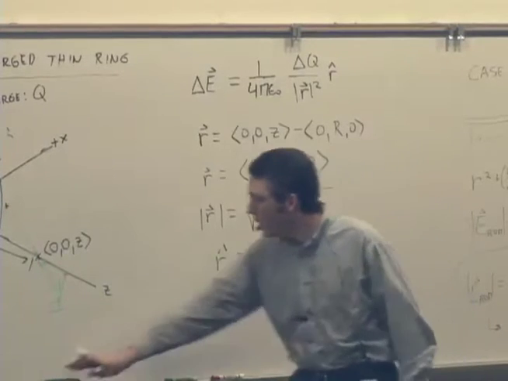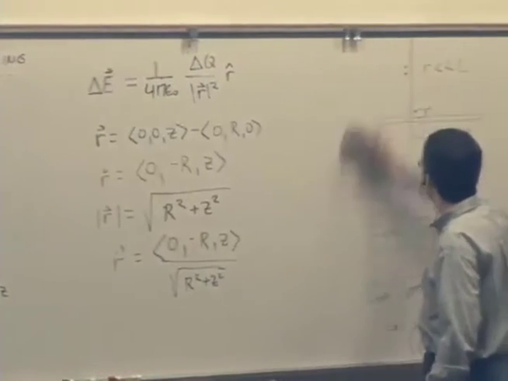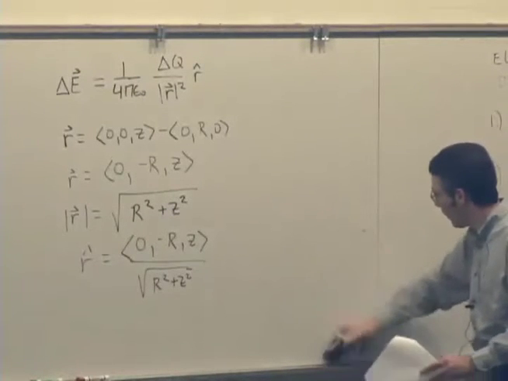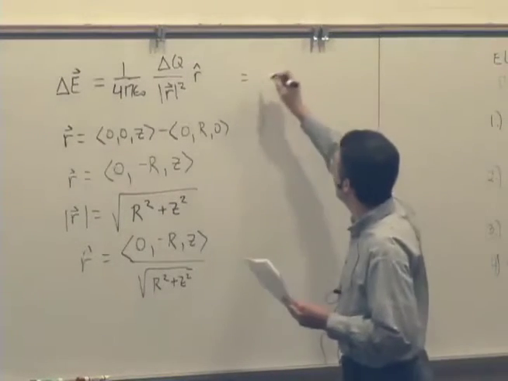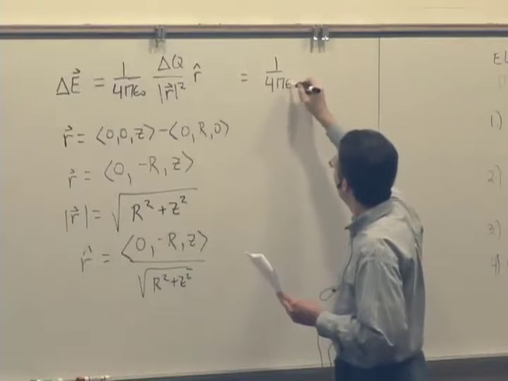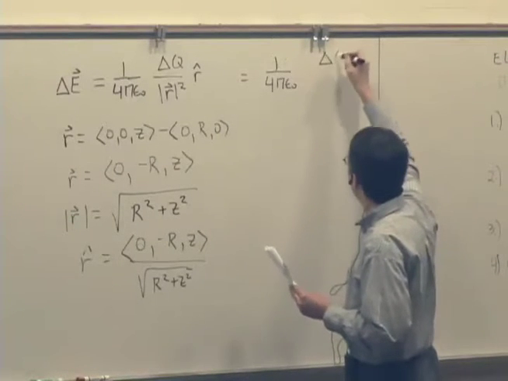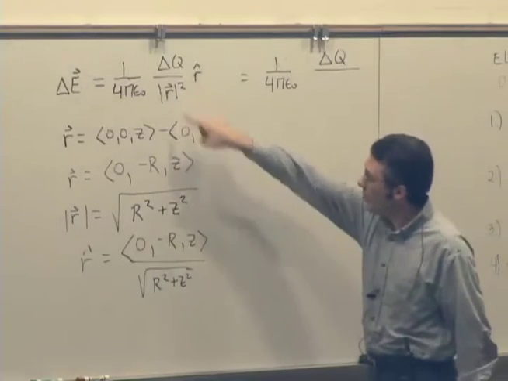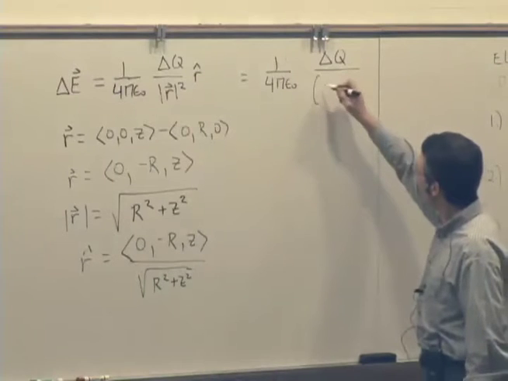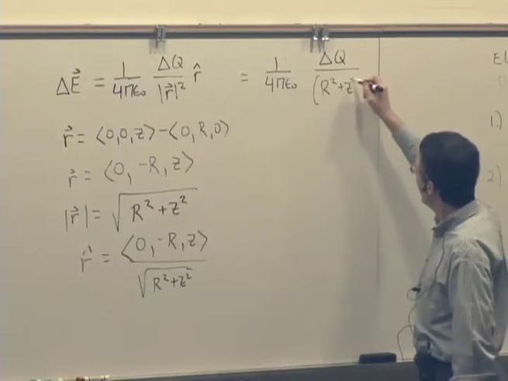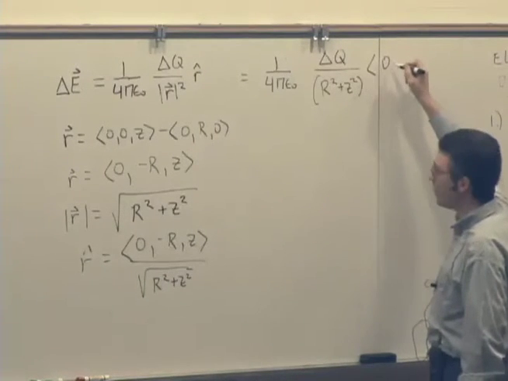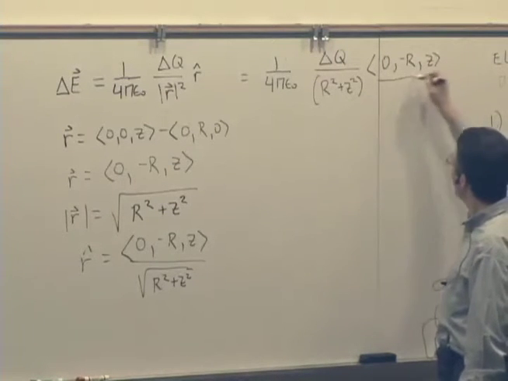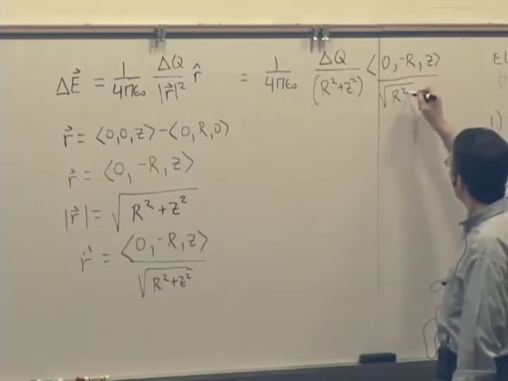So I write all this out as 1 over 4 pi epsilon 0 delta Q over the square of this thing, which is just R squared plus z squared, times the vector 0, negative R, z over the square root of R squared plus z squared.